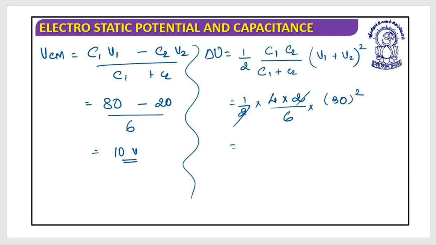So if I solve this, it's 4 by 6, that means 2 by 3 multiplied by 30 square, it's 900. So this is equal to 300. This is 2 into 300, this is 600 joule. This is the amount of energy that has been lost.